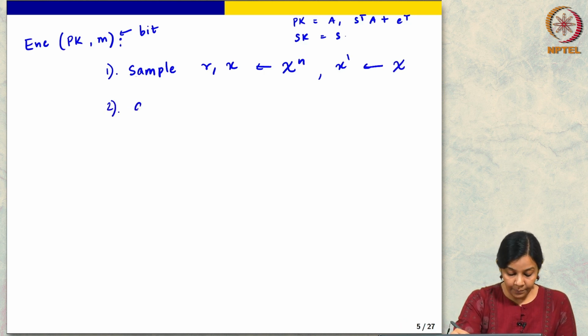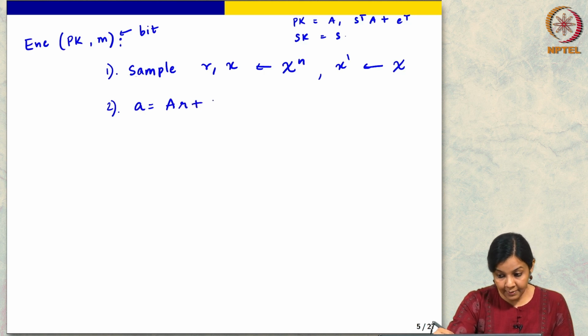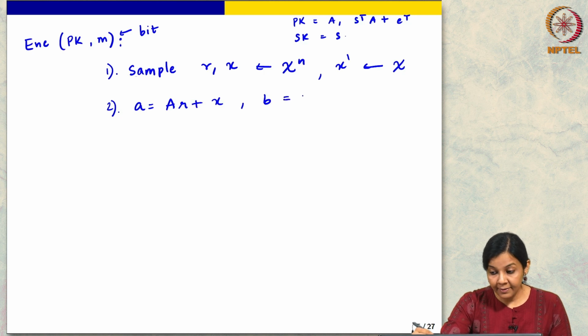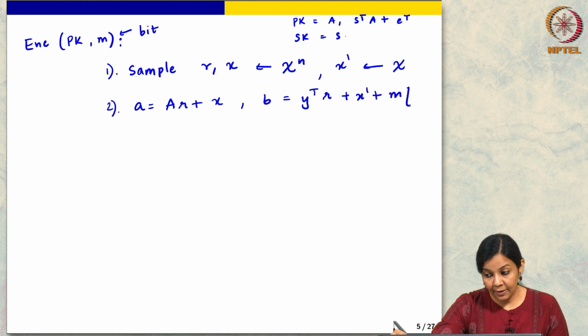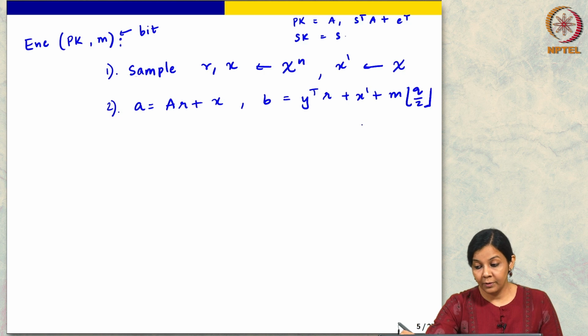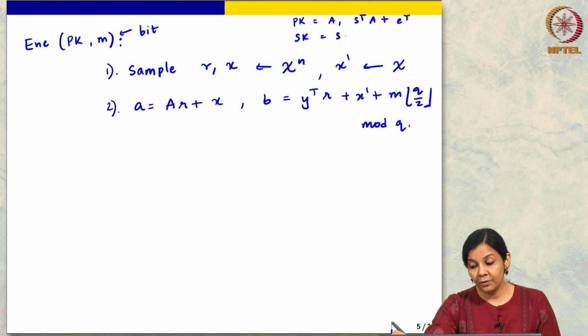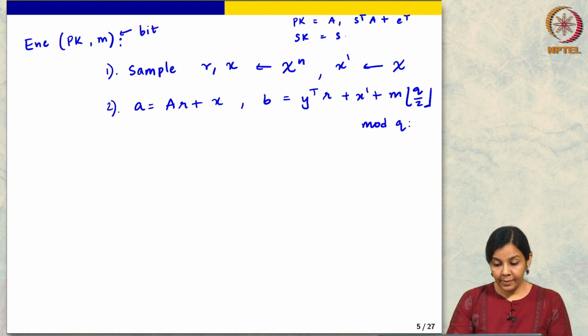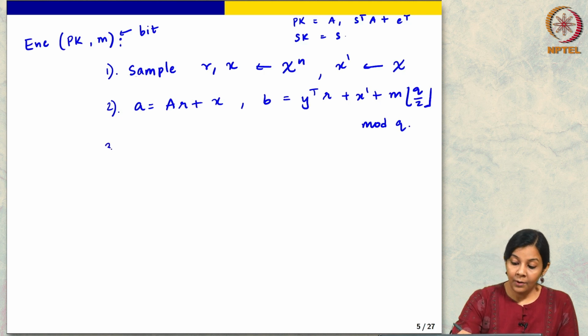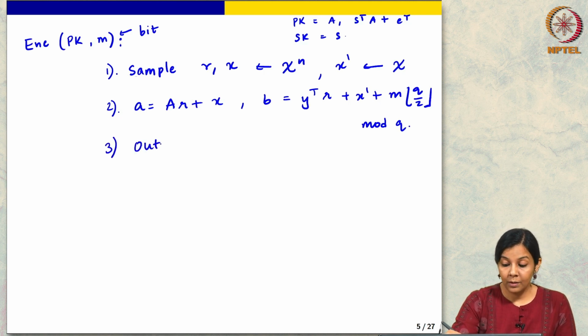Now compute A as AR plus X and B as Y transpose R plus X prime plus M Q over 2, all mod Q, and you output A comma B.